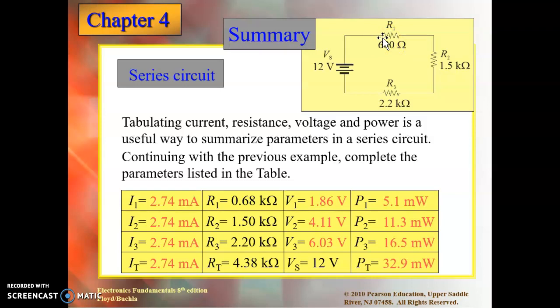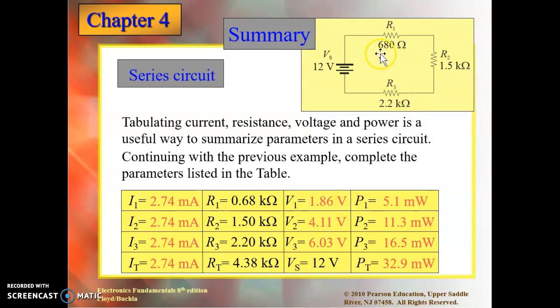The voltage is R times I. So you take the current, 274 milliamps, multiplied by the 680, which you can take as 0.68 kilo ohms so you get rid of the millis, and using Ohm's law I get 1.86 volts.